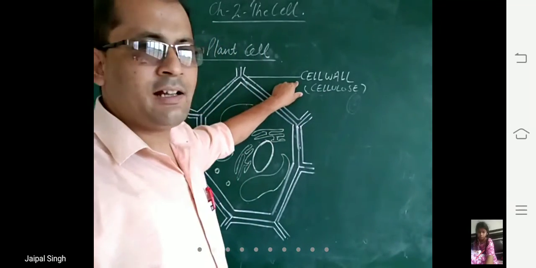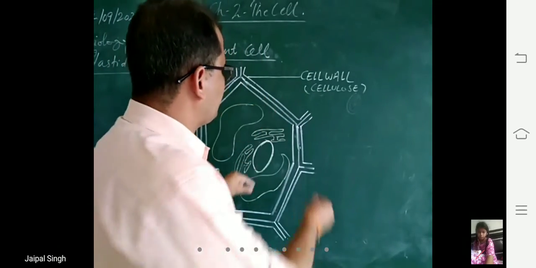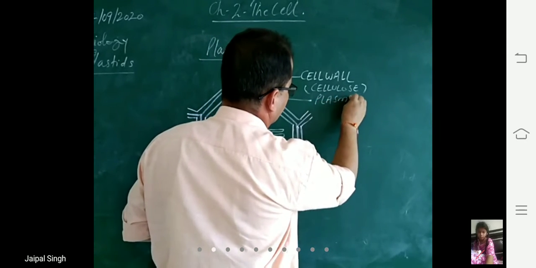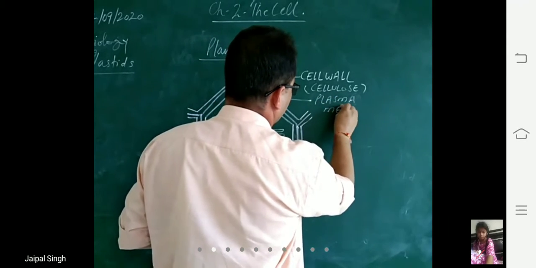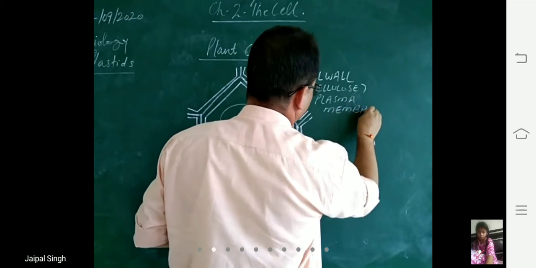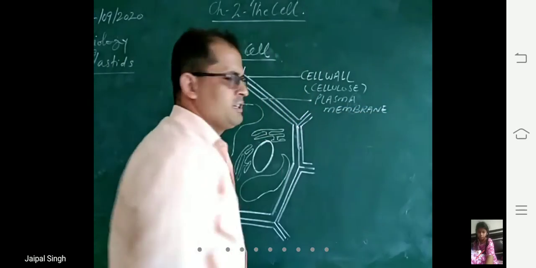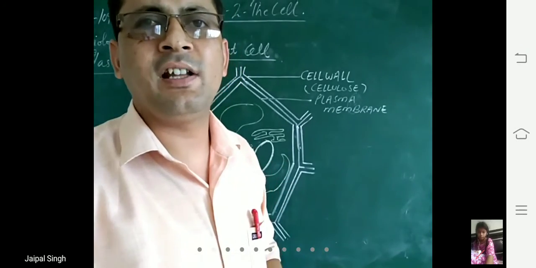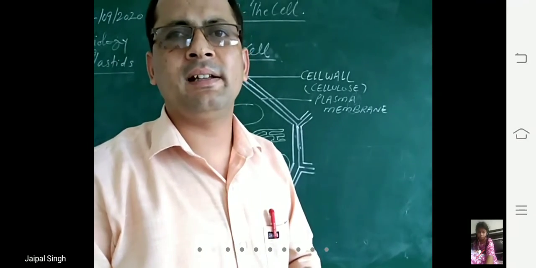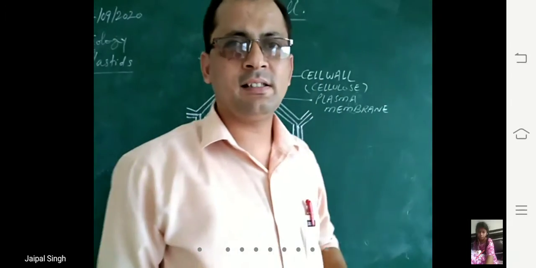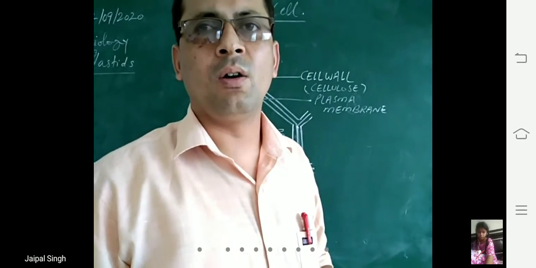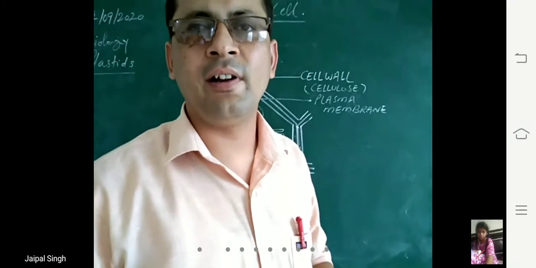Next to the cell wall, this layer is known as the plasma membrane. Now, beta, the main difference between the cell wall and the plasma membrane is that the cell wall is fully permeable. It allows entry or exit of all substances freely.